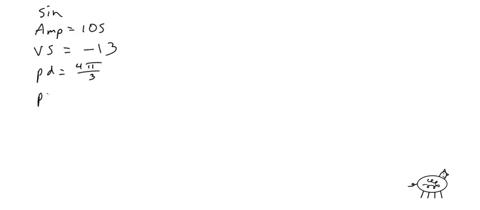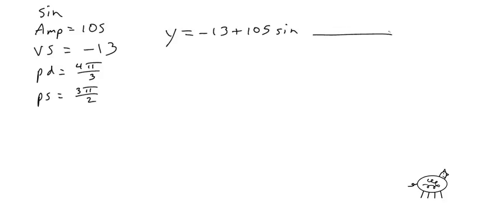The phase shift is we'll say 3 pi over 2. Okay, so let's graph this baby. Y is equal to negative 13 plus 105 sine of blah.